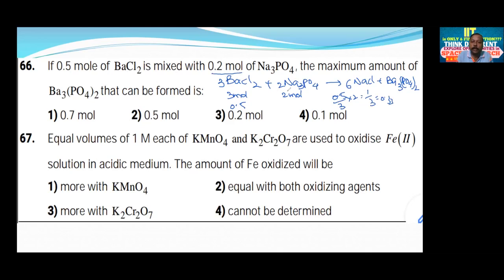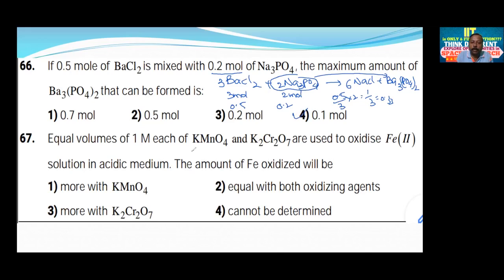So this is the limiting reagent. According to this, 2 moles if we are using 1 mole Ba3(PO4)2, but we use 0.2 moles. So the answer will be 0.1. What will be the answer? 0.1 will be the answer. Okay, 0.1. The fourth answer is correct.